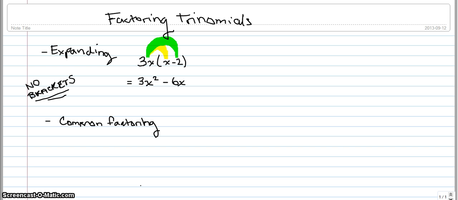So I'm going to give you this little example here: 4x squared plus 8x. I'm going to ask you to factor this by taking out the greatest common factor. Another way to look at that, you can think about it this way, this is my little thought bubble here.